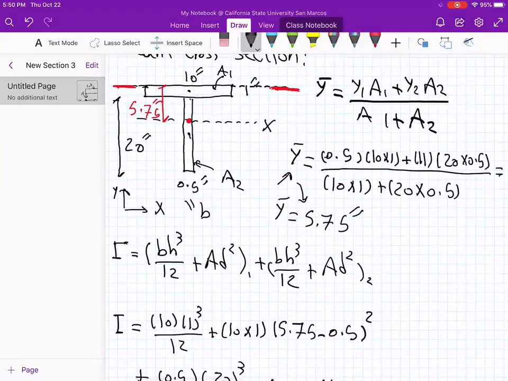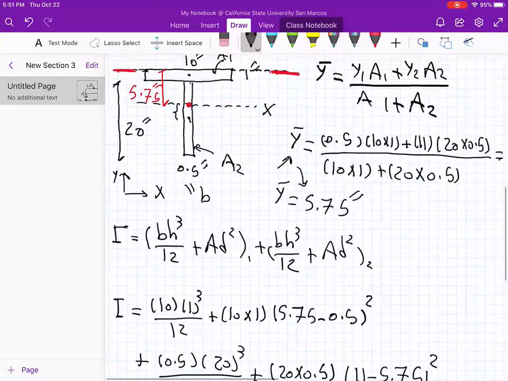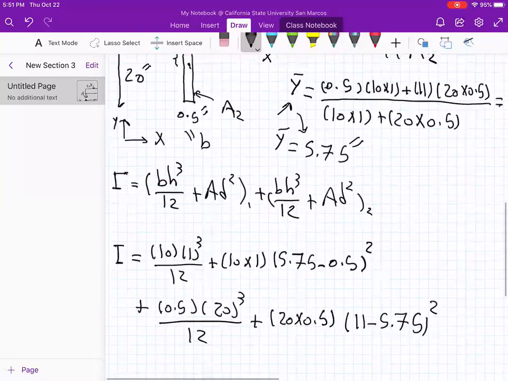And now we need the distance, the difference between the center of the whole shape and the center of the second one, right? How can we find this one? 11 minus 5.75. Does it matter which one we do first? It doesn't matter, because we use a square.